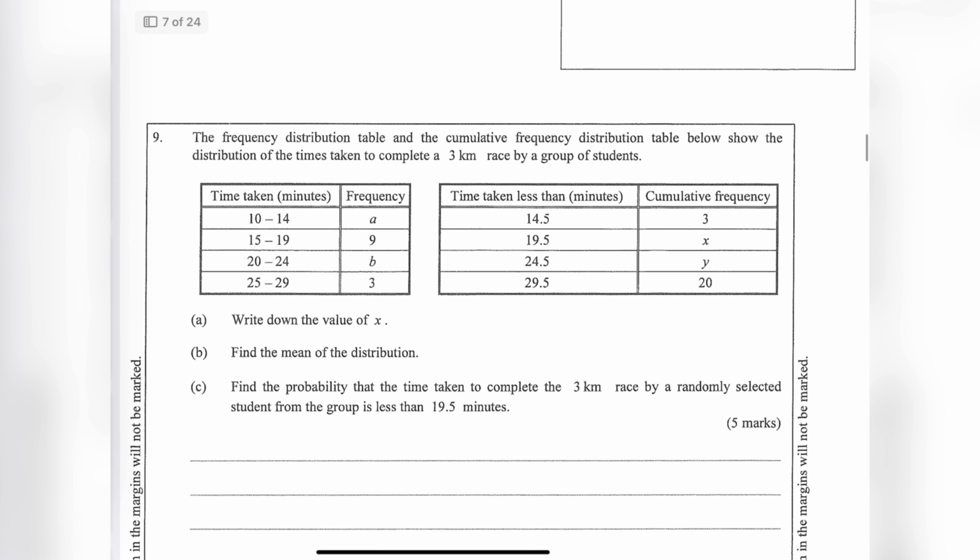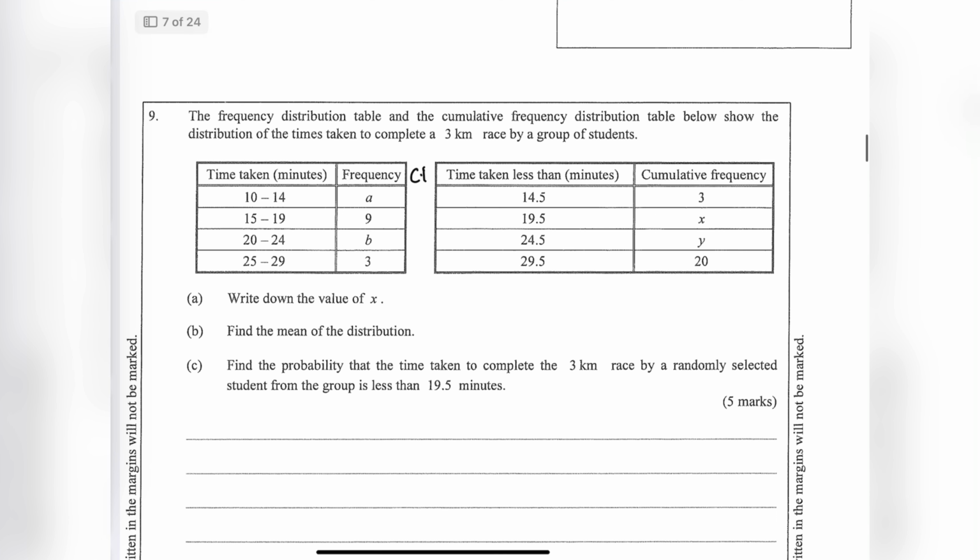Question number 9. The frequency distribution table and the cumulative frequency distribution table below show the distribution of the times taken to complete a 3-kilometer race by a group of students. We know that the cumulative frequency is the running sum. It's given 3, this is x, this is y, and this is 20.